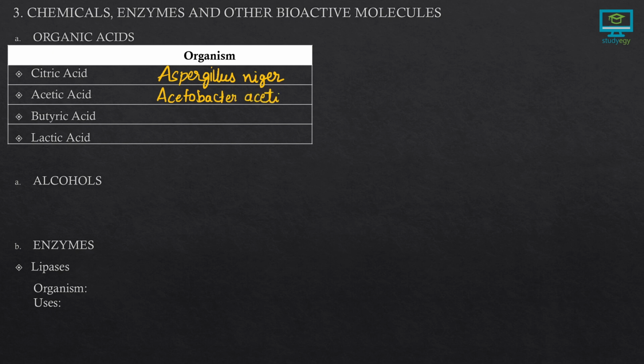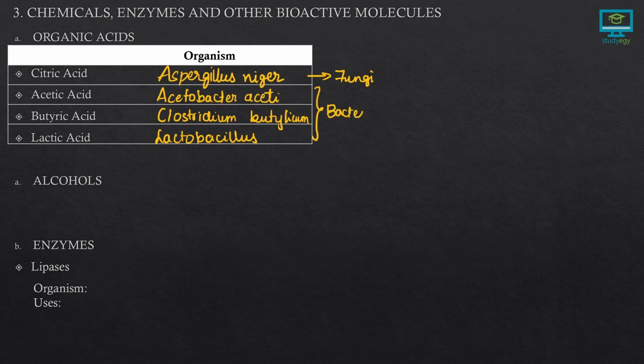Butyric acid is prepared from the bacterium Clostridium butylicum. And lactic acid, as we all know, is produced by Lactobacillus. In this case, Aspergillus is a fungus and the rest three are bacteria.